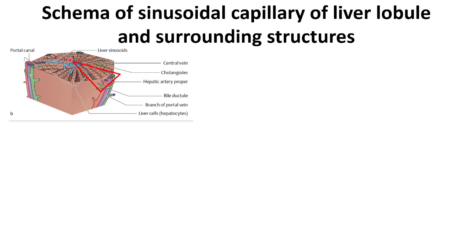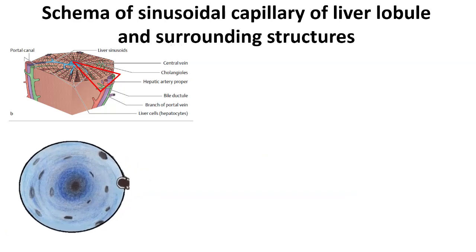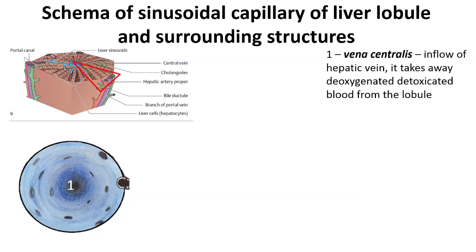So we begin from the centrally located part of this lobule, that means vena centralis. It is here on the upper picture, and it's here in our new picture. So number 1 is vena centralis.